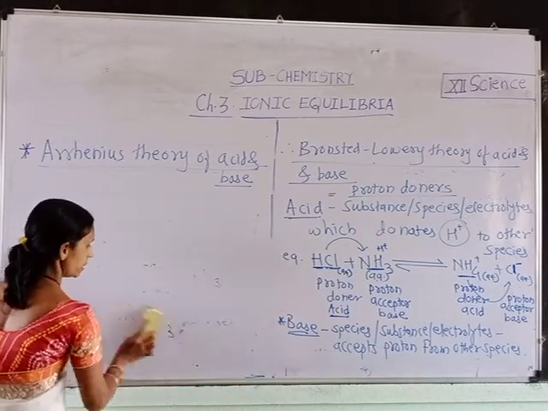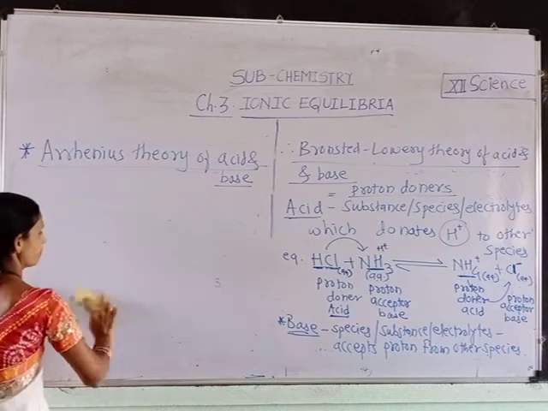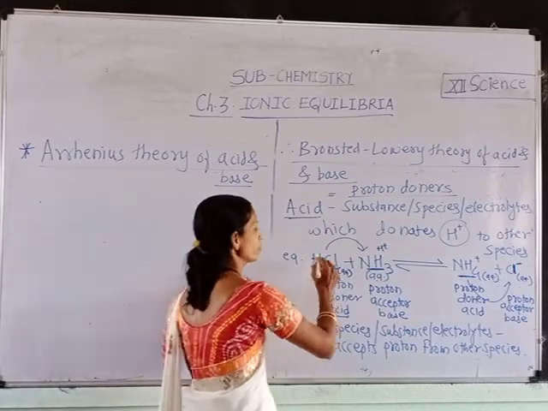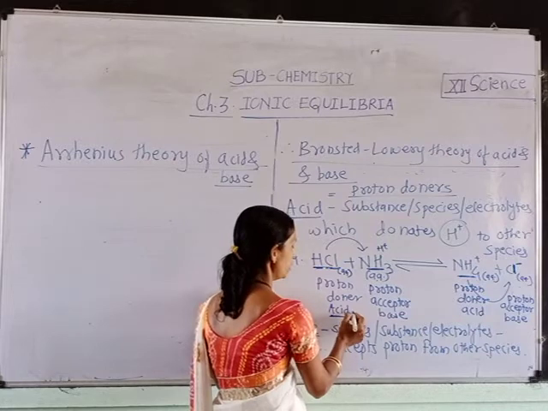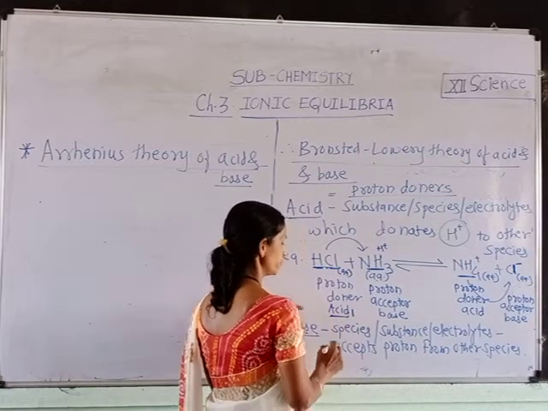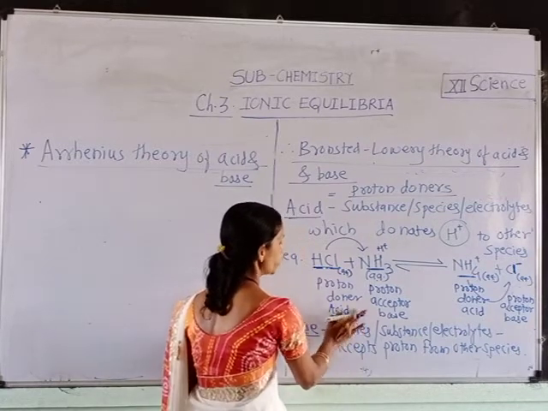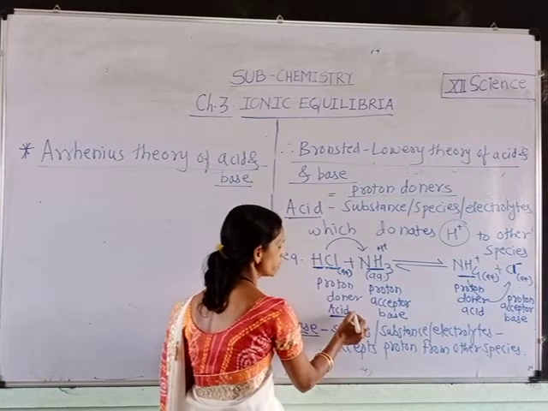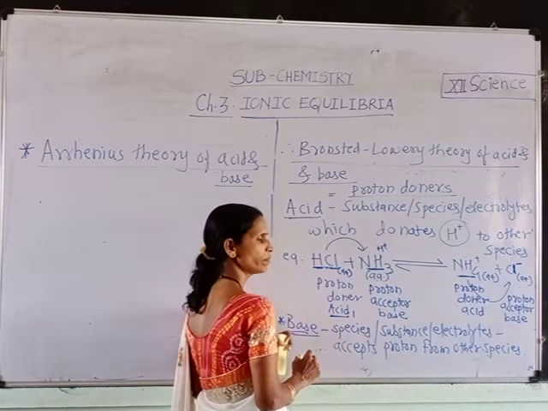Here, in the given example, HCl is an acid, therefore we can label it as acid 1.